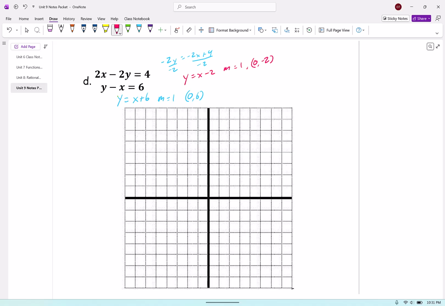So let's start at 0, -2. And then I got a slope of 1. So it's going to just go right up along there. Keep going. And then I got 0, 6, 1, 2, 3, 4, 5, 6.